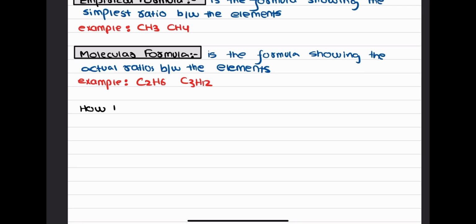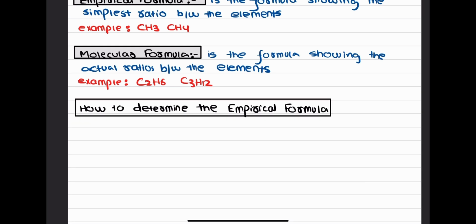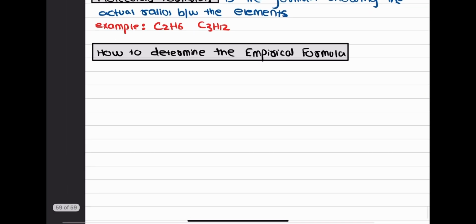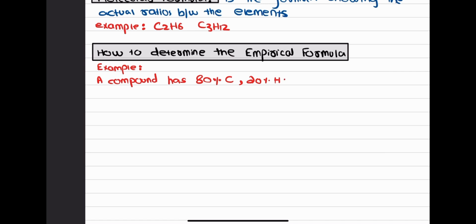how to determine the empirical formula. Okay, so for example, a compound has 80% carbon, 20% hydrogen.